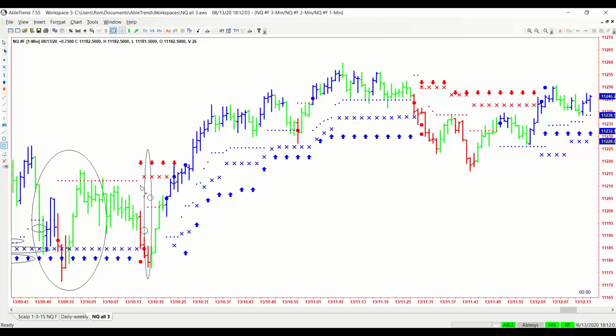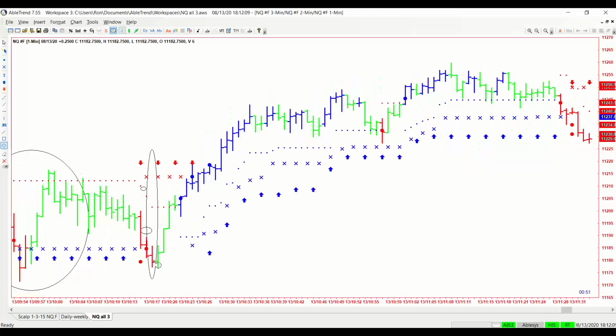The further you go from the red dots, the greater the chance a couple of minutes later it's going to snap back. The further you're above the blue dots, the greater the chance it's going to snap back. That's why I always say the best, lowest risk places to get in are when you have a blue bar or a red bar close to the small blue or red dots.